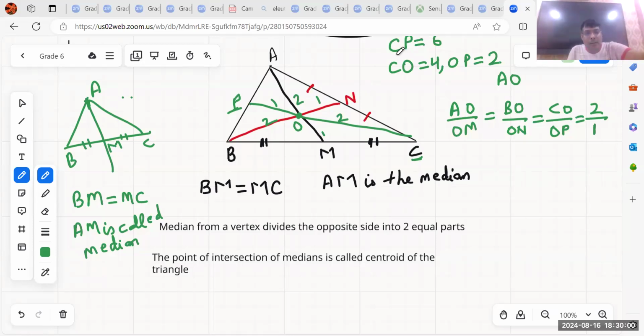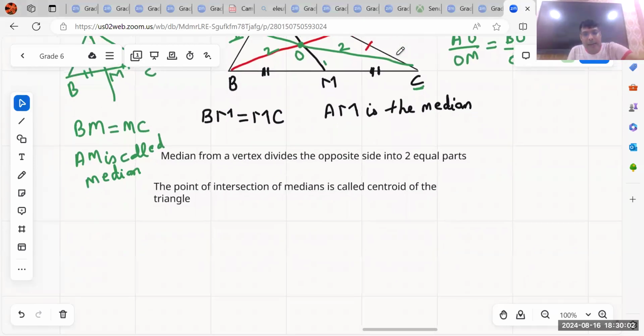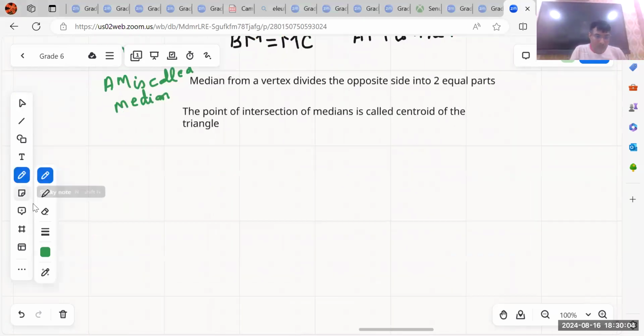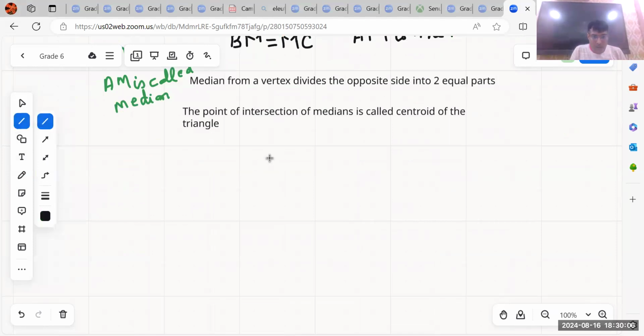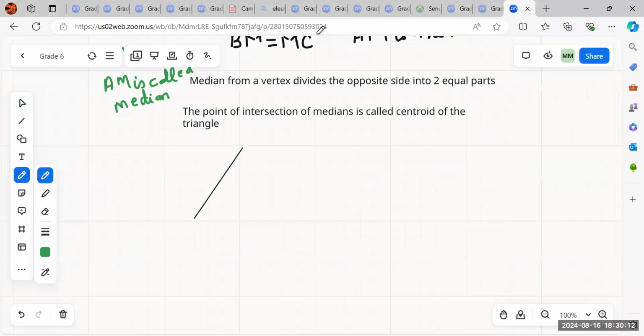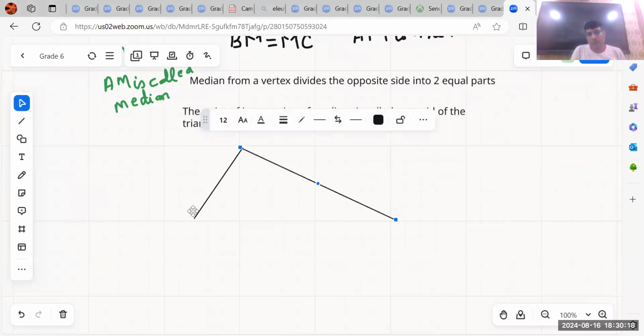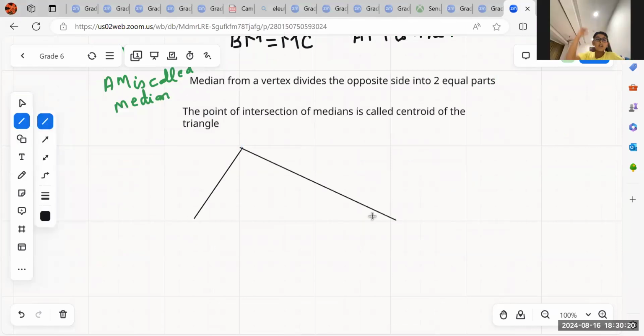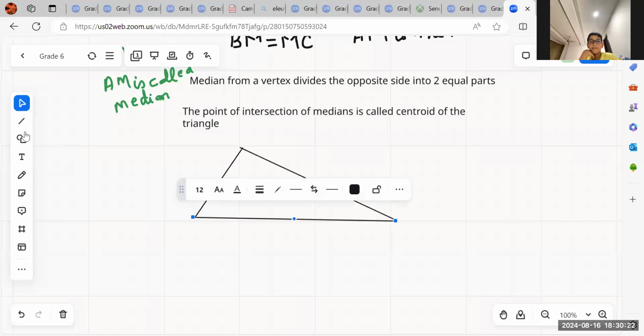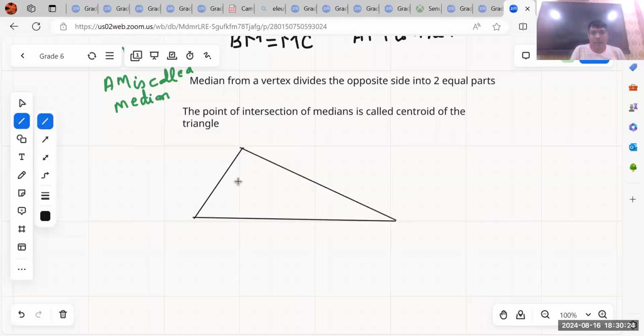Then the next is altitude. What is an altitude? Sir, altitude is height. So you can say that, but not always.